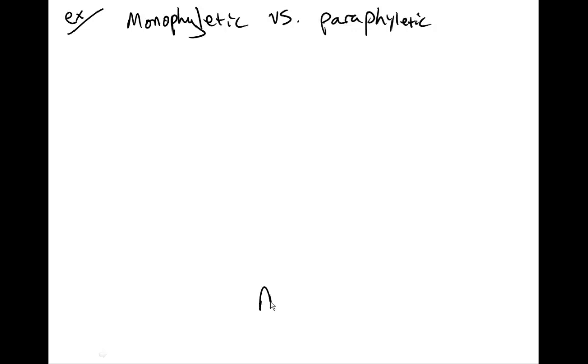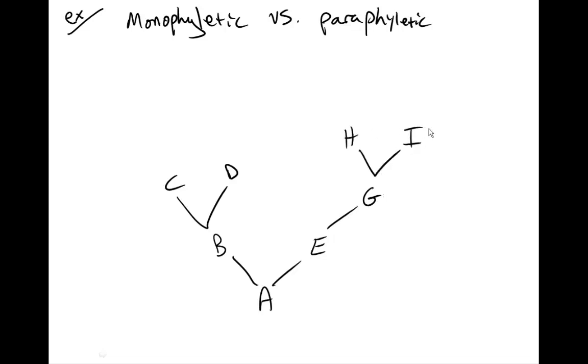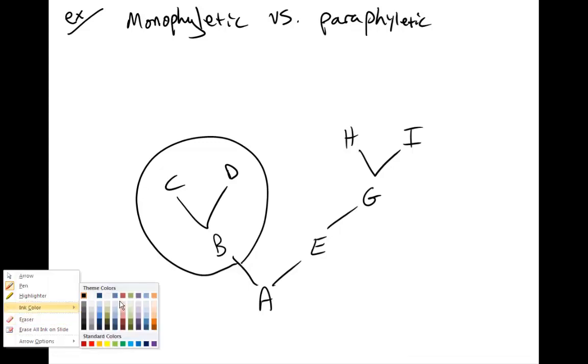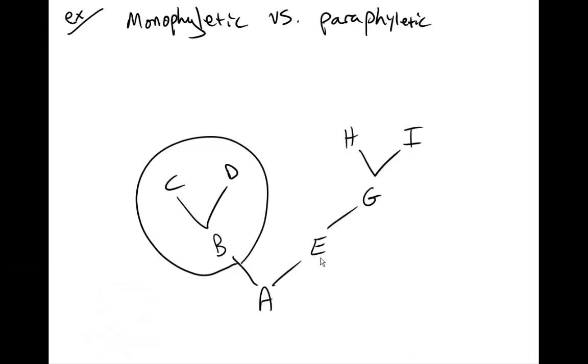If we just have this grouping of A going into, let's say, species B, and then we've got species C and D coming from species B, and then if we branch off here, let's say we get species E and species G and species H and species I, and if we group off and we say this group right here, let's use red, how about that?